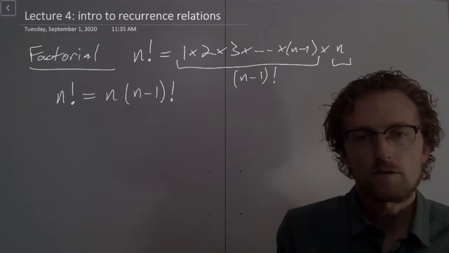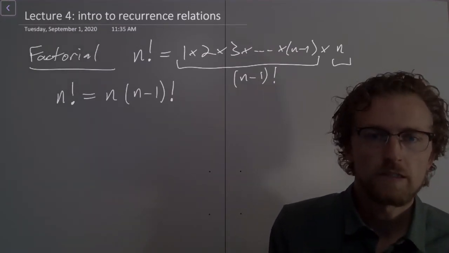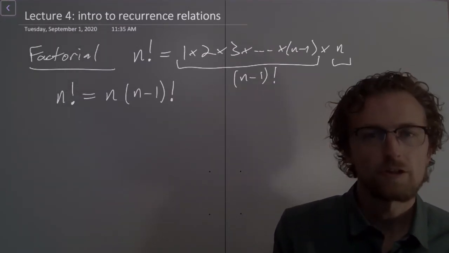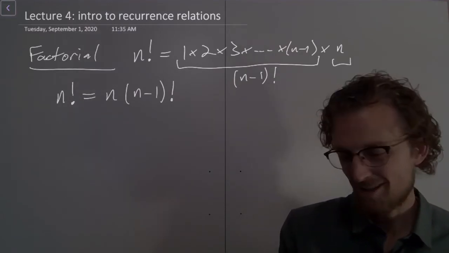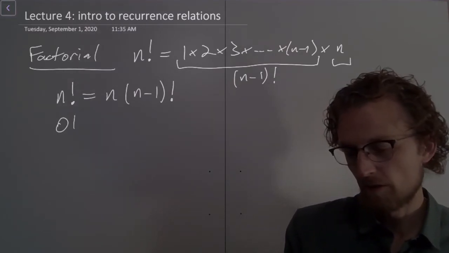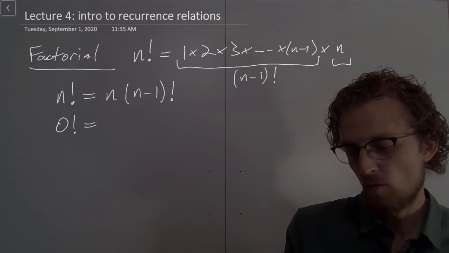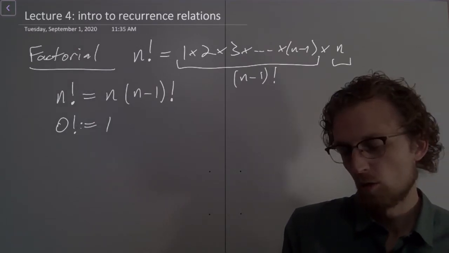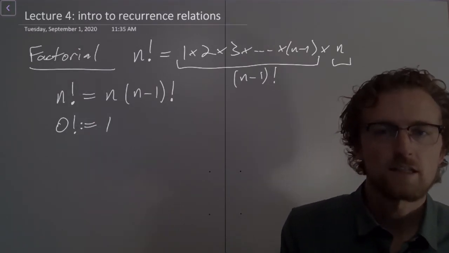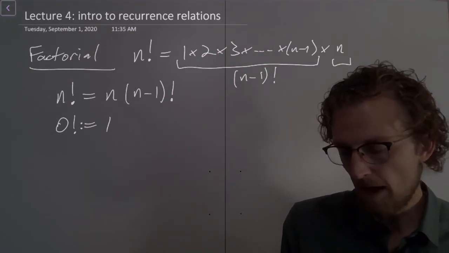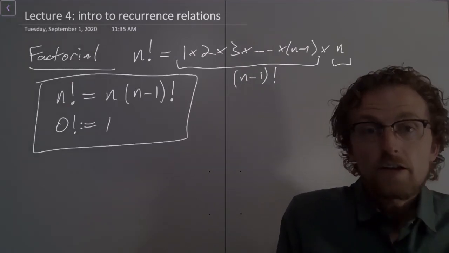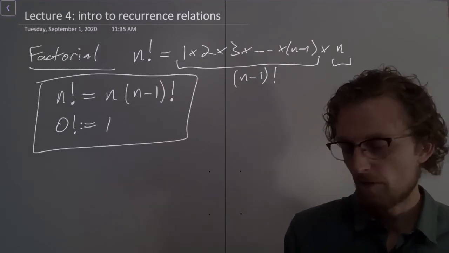Okay, and then, to be very clear, we have to make sure that we define 0 factorial as 1. Okay, so 0 factorial is defined to be 1. And I'll use the colon equals to say that's a definition. Right, and if I have this put together, that's actually a complete recursive definition of factorial.